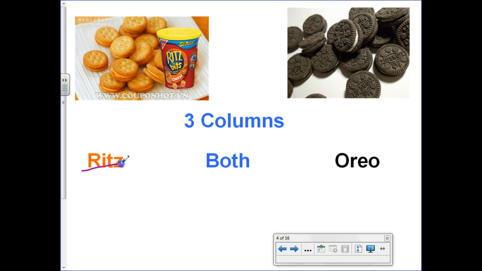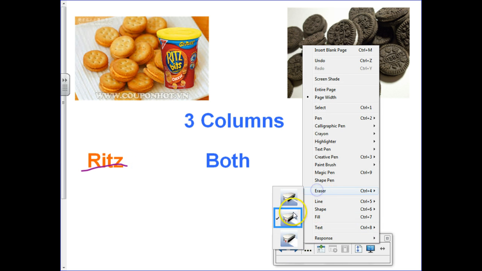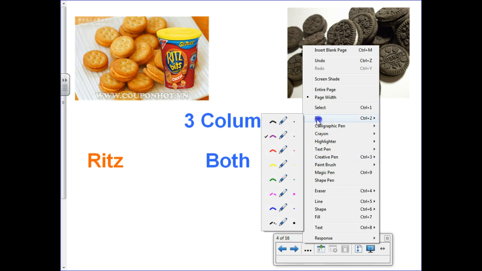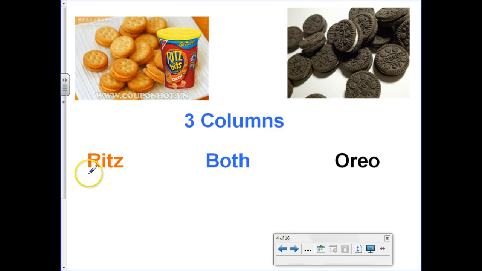On the left, we'll do our Ritz Bits category, and we're going to have to do this just kind of visually by looking at them in the picture, and we'll just have to pretend it's good that way. In the center, label that column as both, and then in the right-hand column, this will be our column for Oreos.